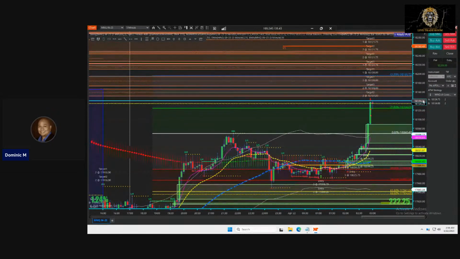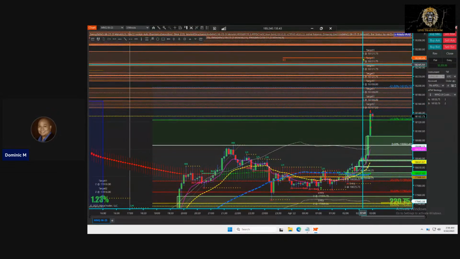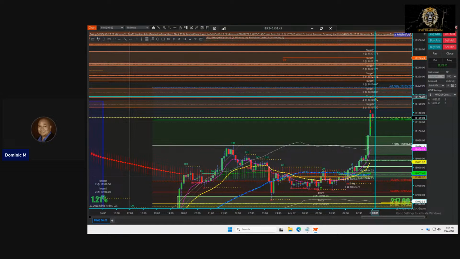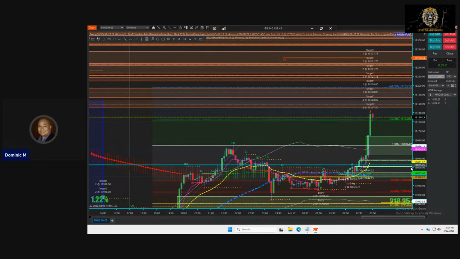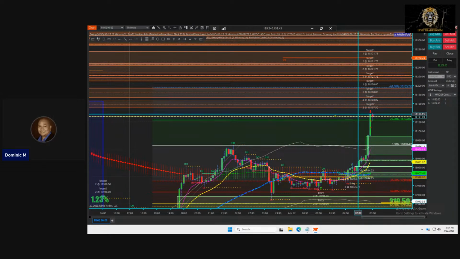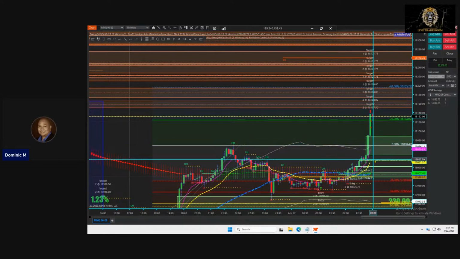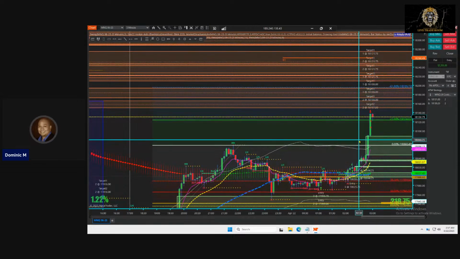Right here. So how many targets did I get? 12 micro contracts that eventually ended up with a profit of 2,200, which I think is pretty good for trading micros.